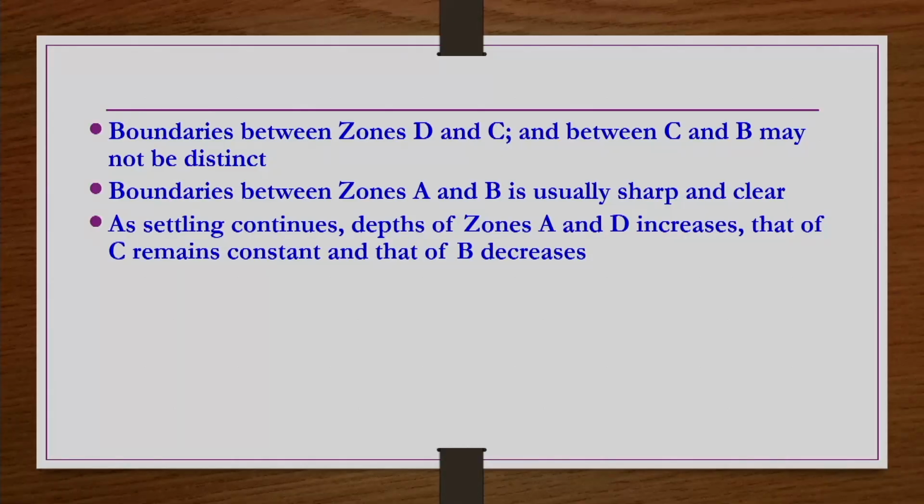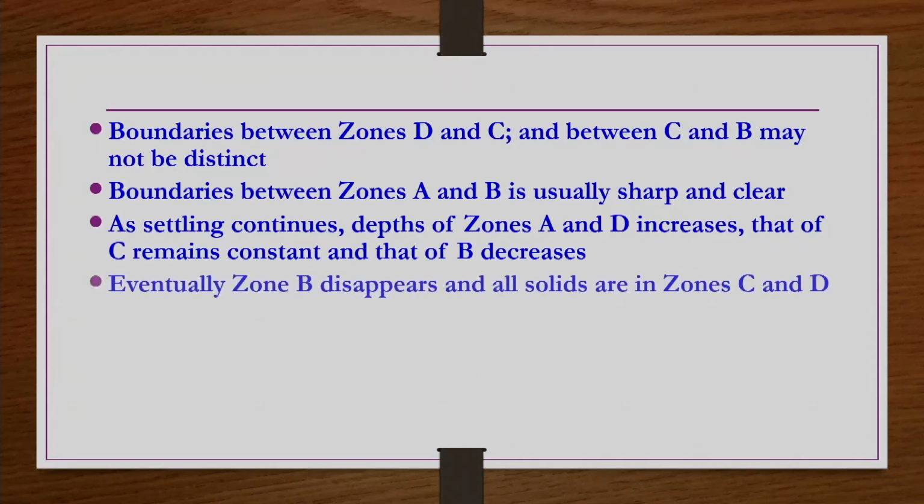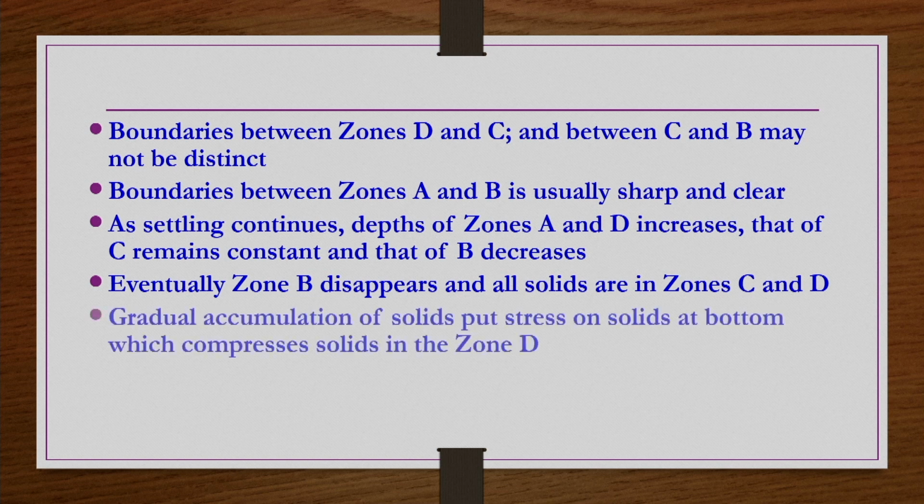As settling continues, depths of zones A and D increase, that of C remains constant, whereas the depth of B decreases. Eventually, zone B disappears and all solids are in zones C and D only.